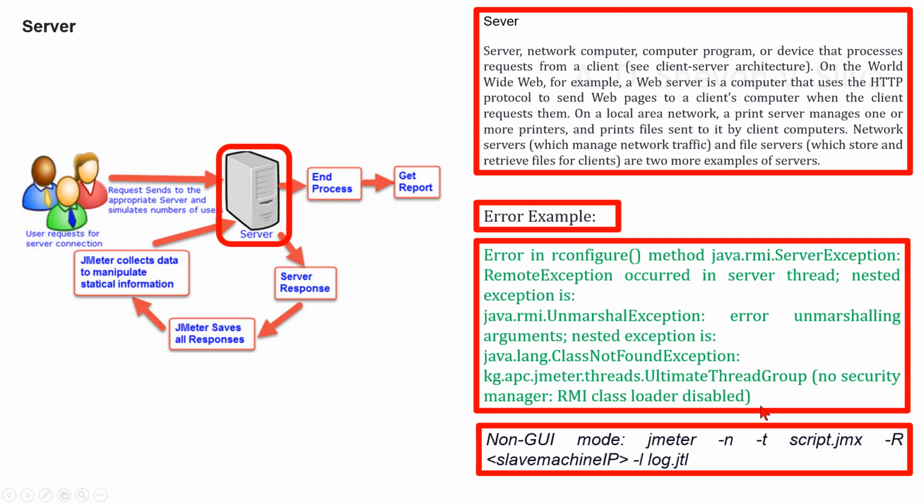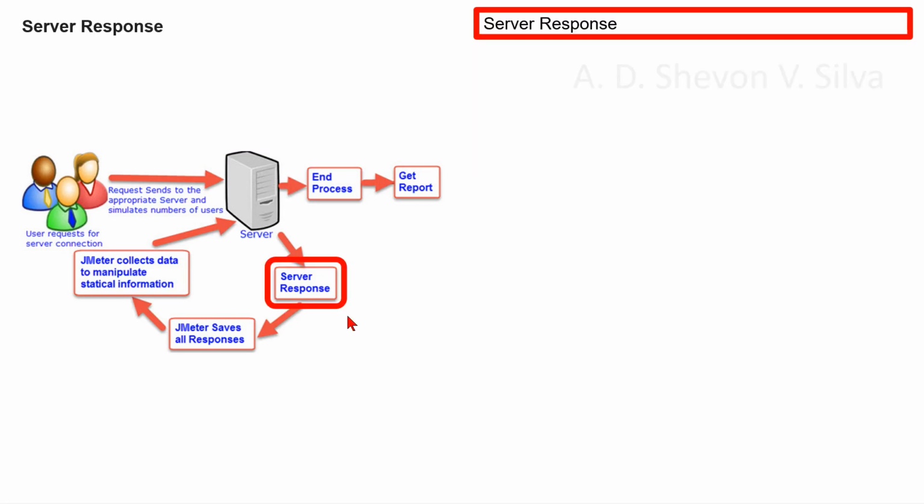Error in rconfigure method, java.rmi.ServerException: RemoteException occurred in server thread. Nested exception is java.rmi.UnmarshalException: error unmarshalling argument. Nested exception is java.lang.ClassNotFoundException: kg.apc.jmeter.threads.UltimateThreadGroup. No security manager: RMI class loader disabled. Now we are focusing on server response.